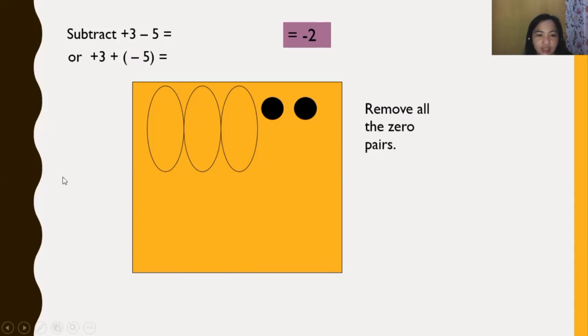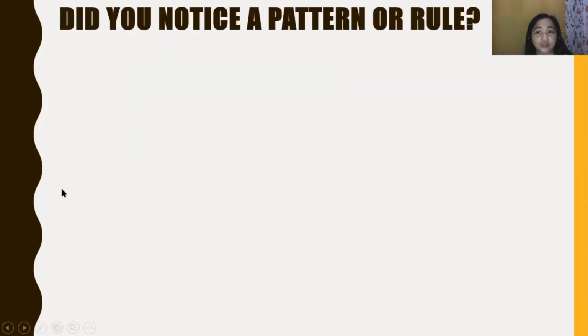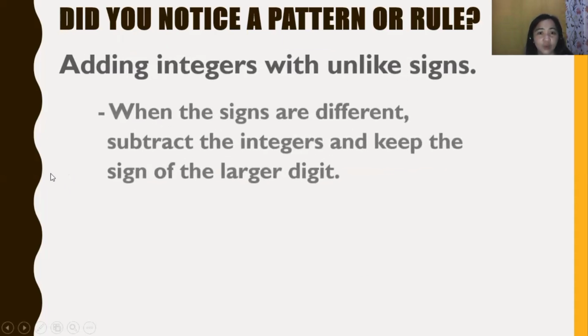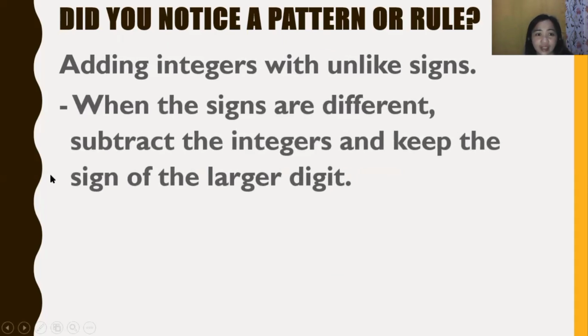Let's have the next. Do you notice a pattern or rule? Adding integers with unlike sign. When the signs are different, subtract the integers and keep the sign of the larger digit. Example, meron ka ditong negative 8 plus 2.